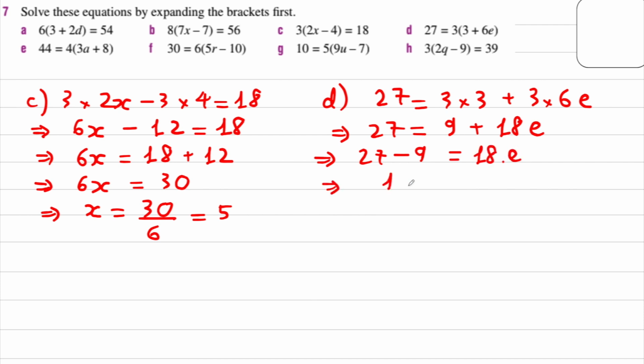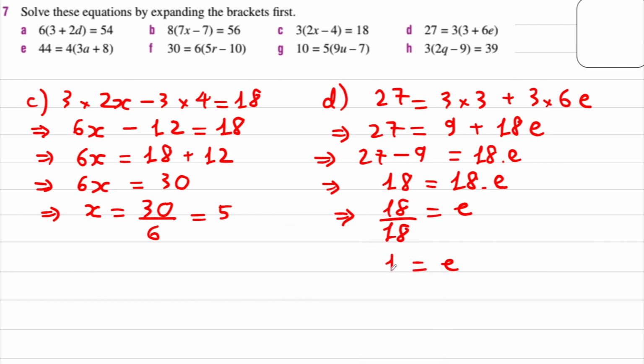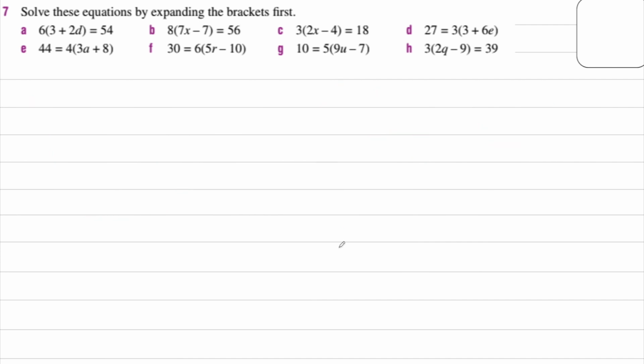Yes, here is 18 equal to 18 times e. Yeah, e equal to 18 over 18, and then 1 equal to e. Oh, sorry for my writing. We have no here, 1. That is question D.